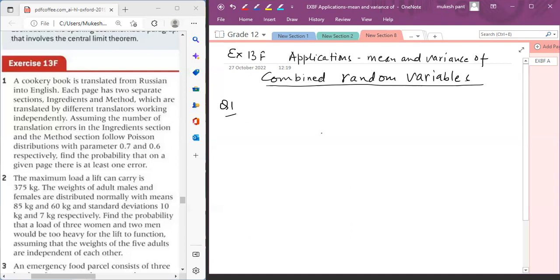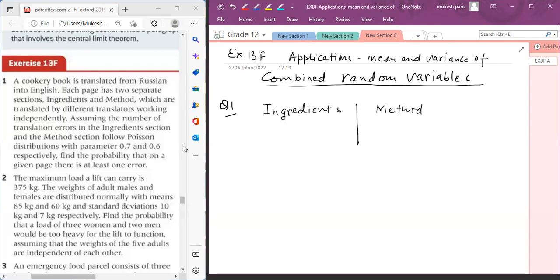So this is a case of translation of a book, and we have 2 separate sections on a page. One is the ingredients, and the other one is the method. Right. Now this is given: it follows a Poisson distribution.